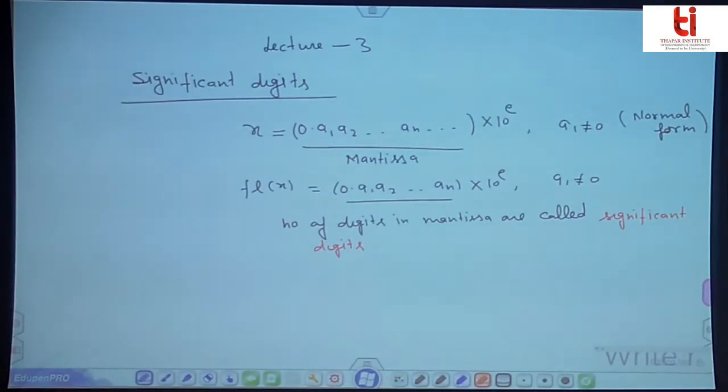Okay, so there is one result on significant digits.